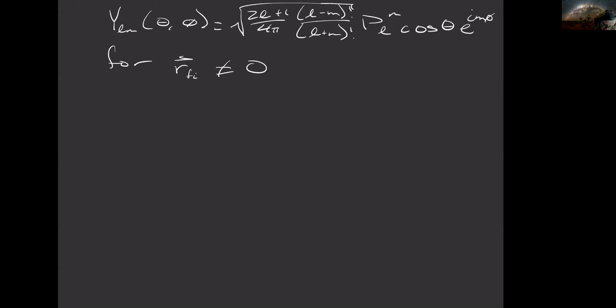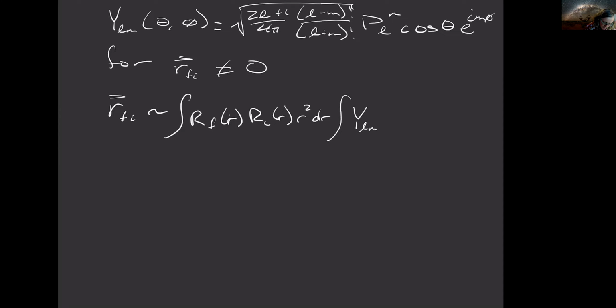If we do the substitution of these terms, we get something that goes approximately as the integral of R_f(r) R_i(r), the radial functions, r squared dr, times the integral of the final spherical harmonic, cos theta, and the spherical harmonic of the initial state, both of which are functions of theta and phi.